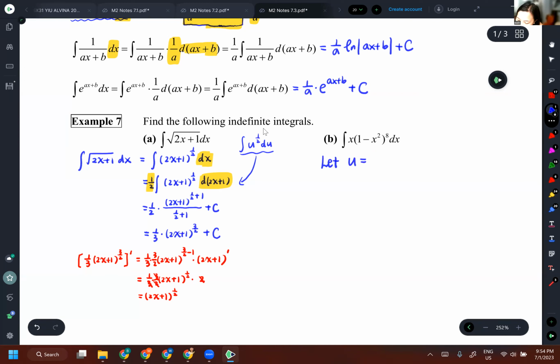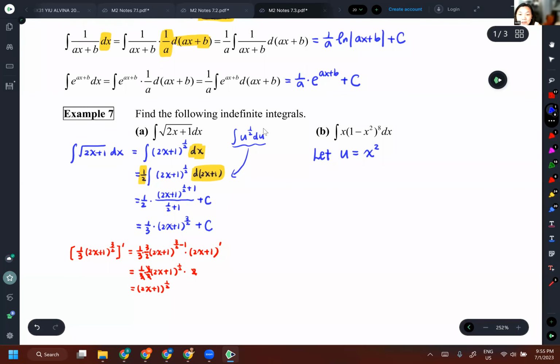Let u be x squared. That's a new variable, you see? Right now it's integration in x. Look closely. See how I change x to u, okay?